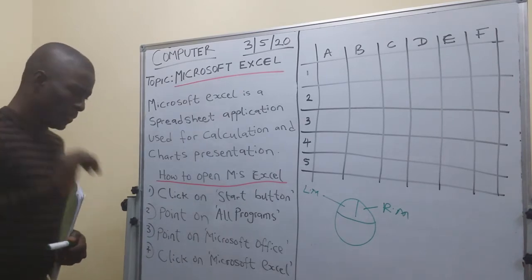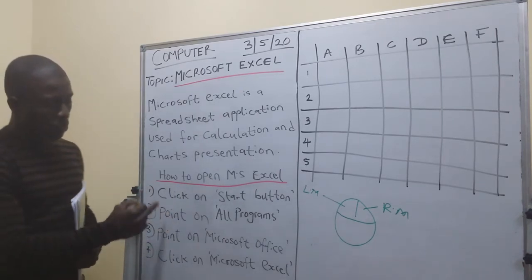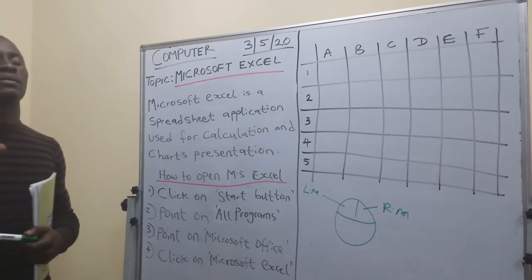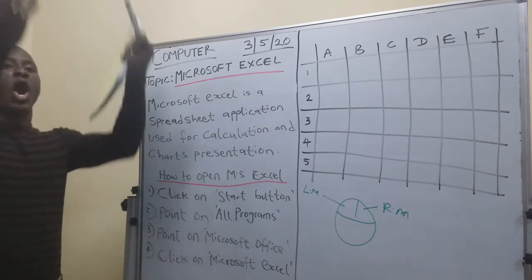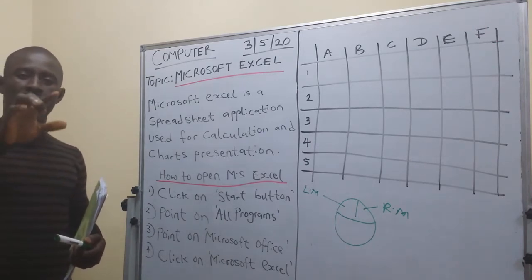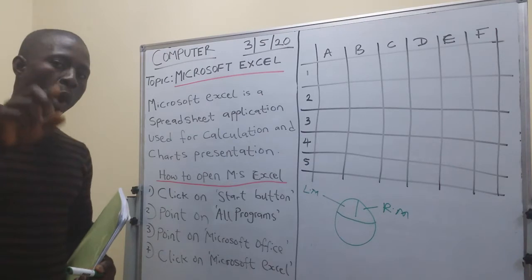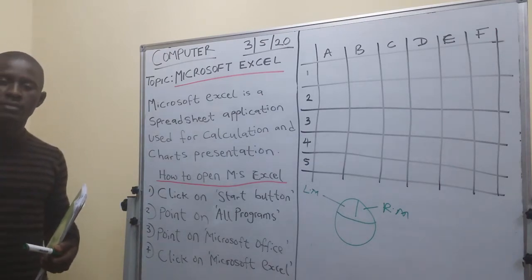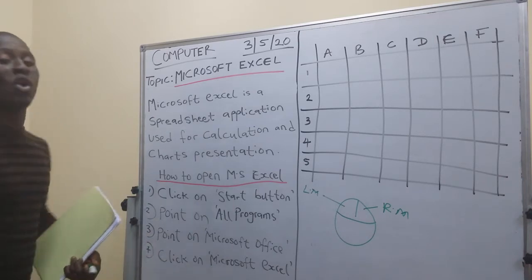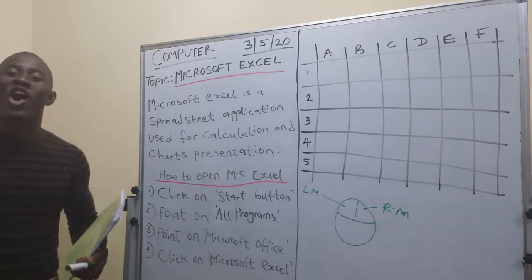The next point says point on All Programs. Once you click on the Start button, it will pop up its menu. You gradually move to All Programs and point on it. When you point on All Programs, it will also pop up all its content.